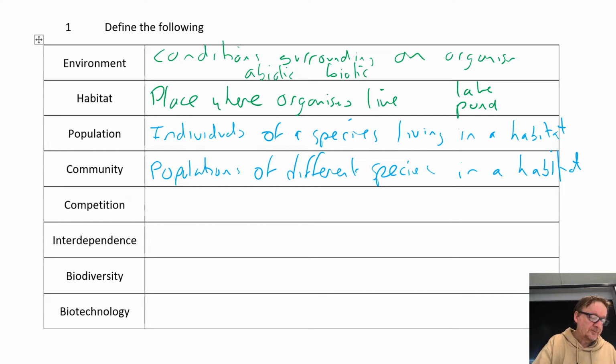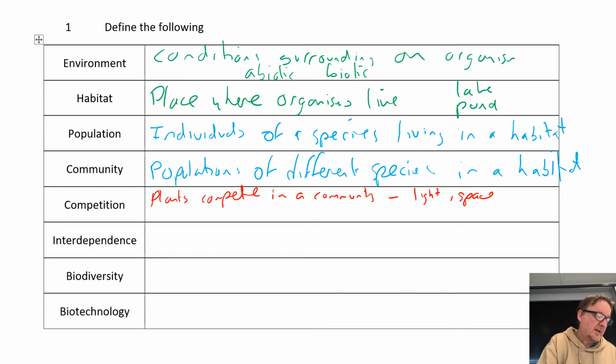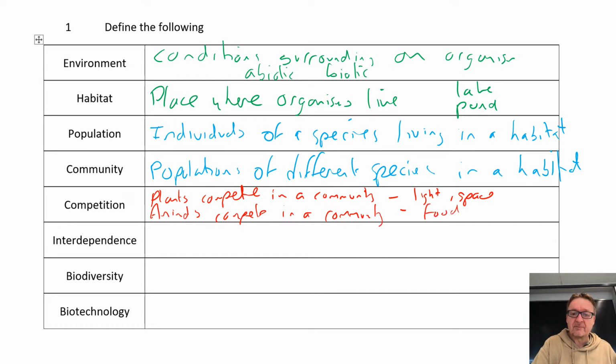Competition, right? Plants compete in a community for things like light and space, and animals compete in a community for things like food and mates.